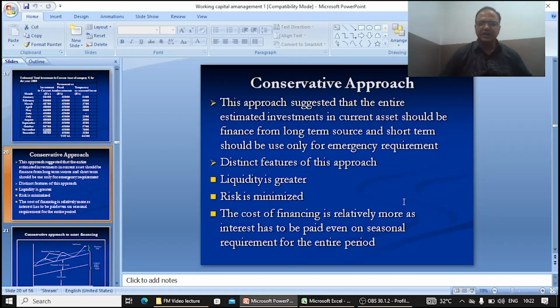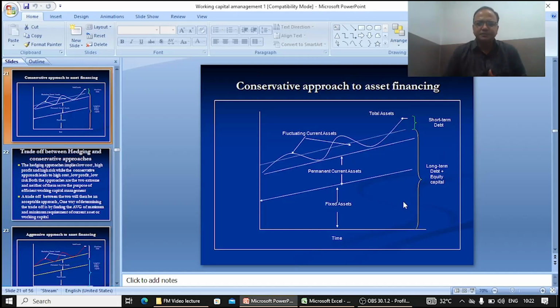Next approach is conservative approach. Conservative approach says that not only fixed asset and permanent current asset, but some part of fluctuating current assets should also be financed from long-term debt, and some portion of fluctuating current assets should be financed with the help of current liabilities, which is called short-term debt.